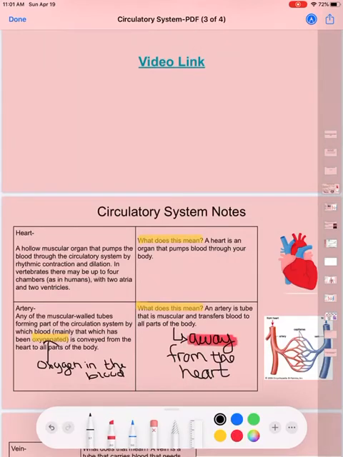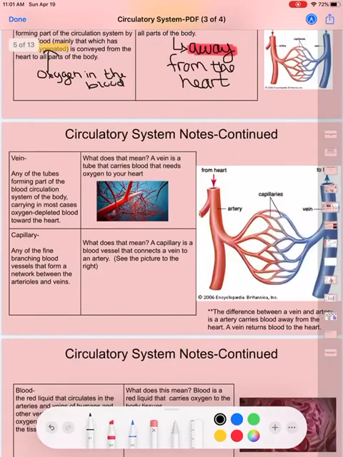Okay? So next we have a vein. A vein, technical term, is any of the tubes forming part of the blood circulation system of the body, carrying in most cases oxygen-depleted blood towards the heart. Oxygen-depleted blood means that it went through the whole body and now it has less oxygen.